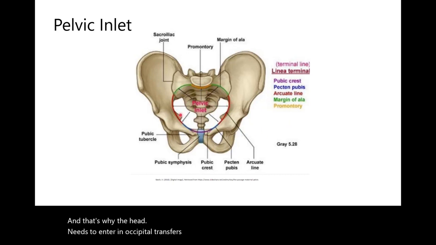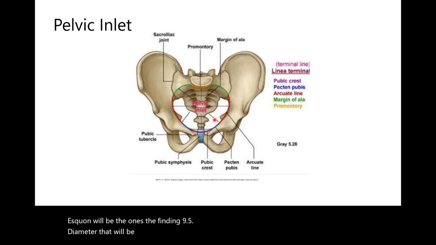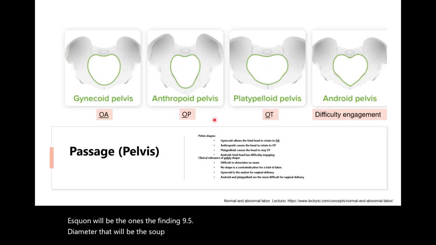And when we go to the outlet, the spines of the ischion will be the ones defining the 9.5 diameter. That will be the suboccipital bregma diameter of the head.